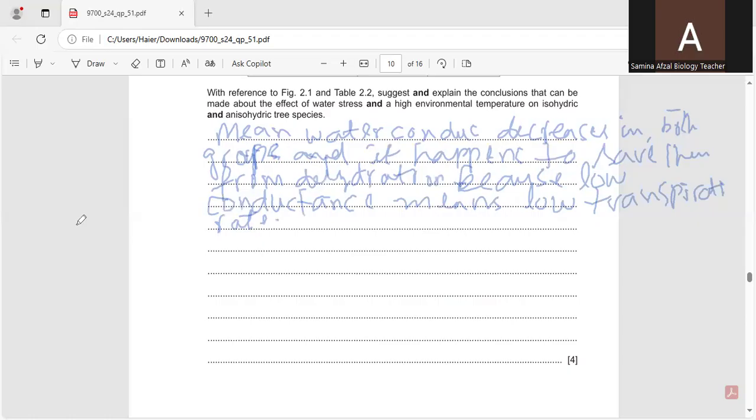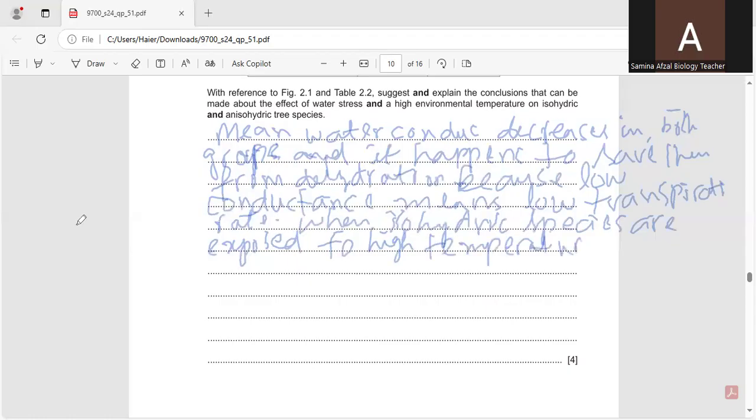And when anisohydric species are exposed to high temperature, the water conductance increases.